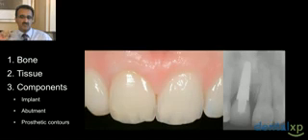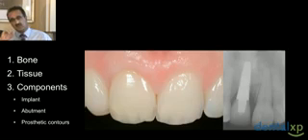And those components are the implant, the abutment, and the prosthetic contours to some extent. We have to understand that the components that we utilize play a role in terms of how the bone and soft tissue respond. And it's really an understanding of the biology and the biologic response to these components that will help us plan our treatments better.